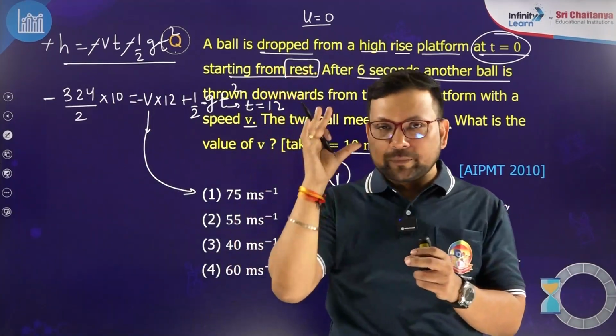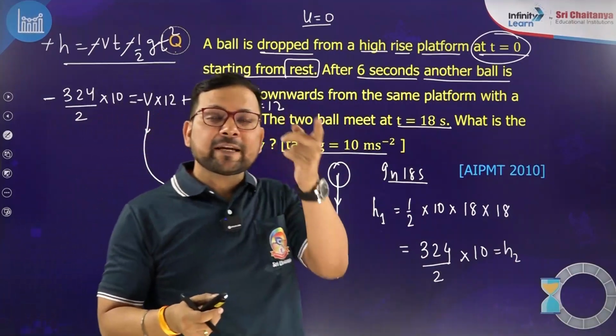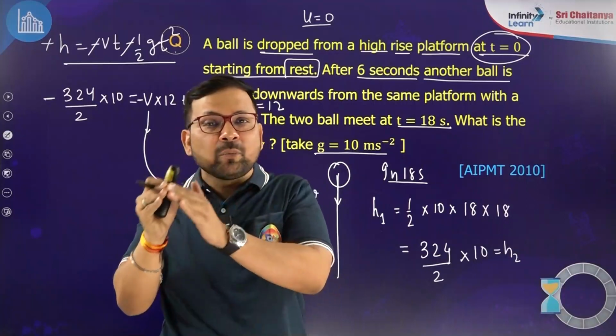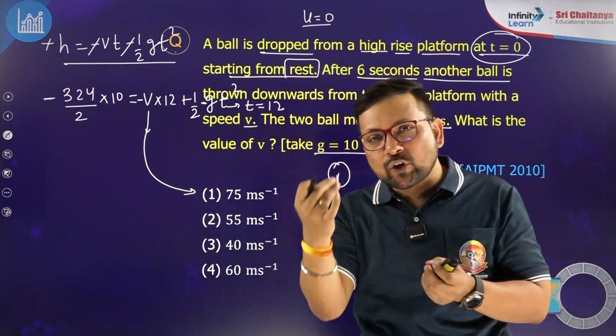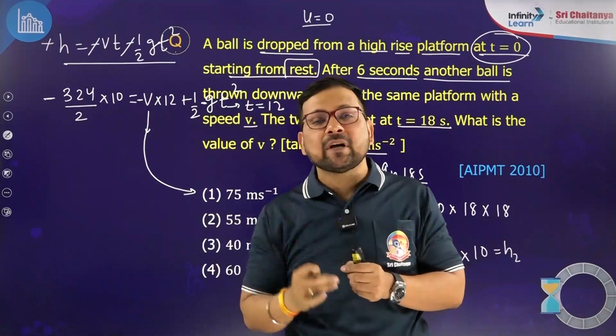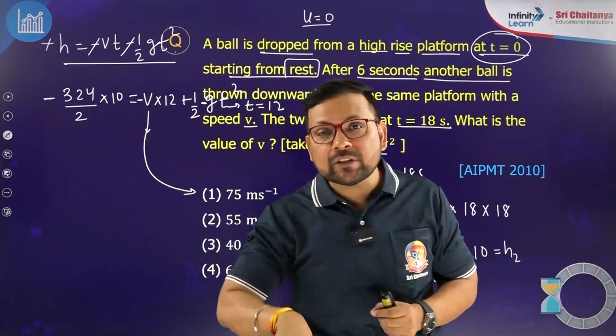So understand the key of the question. The first ball has been dropped for 6 seconds, but it is meeting with the second ball after 18 seconds, which means that the 6 seconds is for the second ball. It is not for the first ball. The first ball is continuously dropping for 18 seconds. Now the second ball started motion after 6 seconds, but still it is meeting with the first.